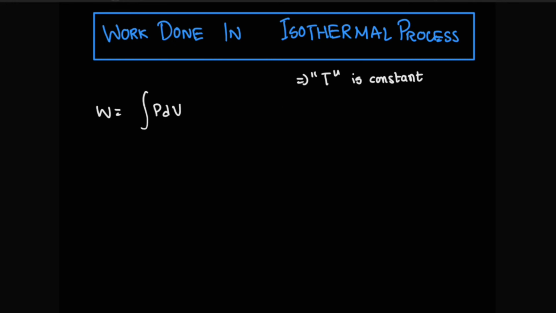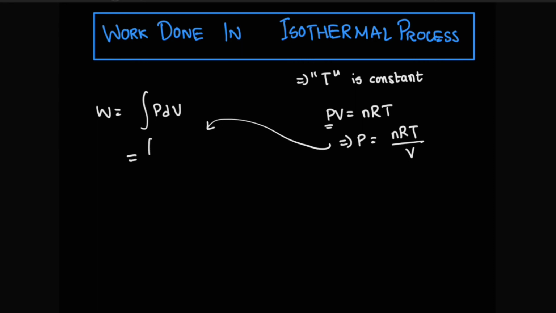We know from the ideal gas equation that PV is equal to nRT, so P is equal to nRT over V. We plug this into the equation and we get that work done is the antiderivative of nRT over V times dV.